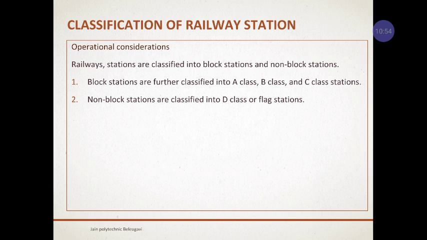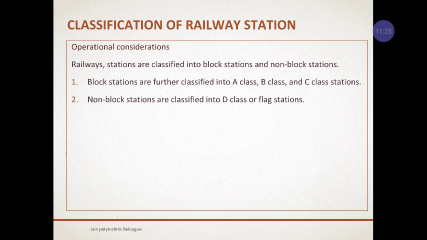During some emergency conditions, if there are repair works or a derailment of the rail track and he wants to stop the trains, such small stations are provided for the stoppage of trains. Such stations are called D class or flag stations, where flags are used for signaling.